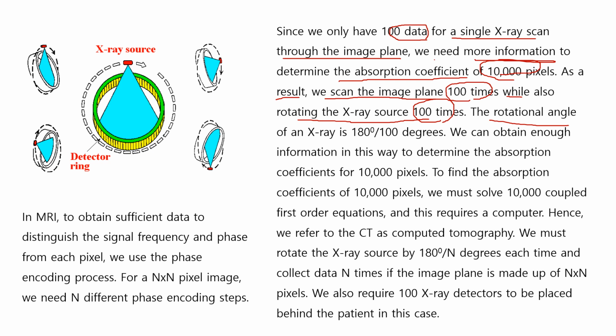The rotation angle of the X-ray is 180 degrees divided by 100, about 1.8 degrees each.